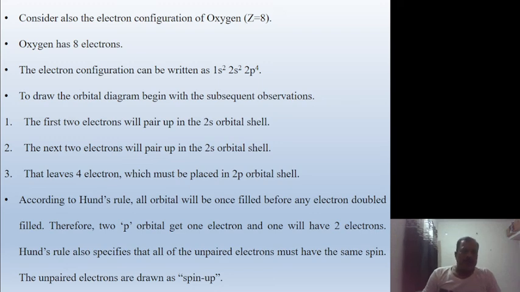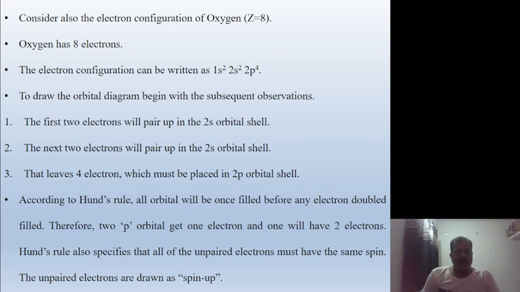First, the first two electrons will pair up in the 1s orbital, meaning one is up and one is down. The next two electrons will pair up in the 2s orbital, one positive and one negative, up as well as down. That leaves 4 electrons which must be placed in the 2p orbitals.